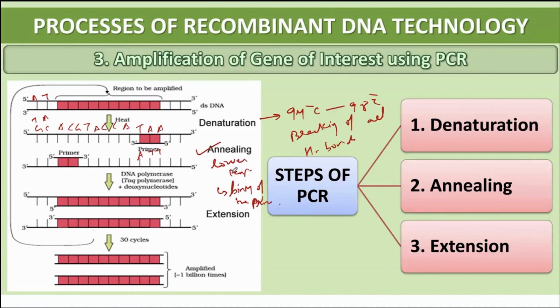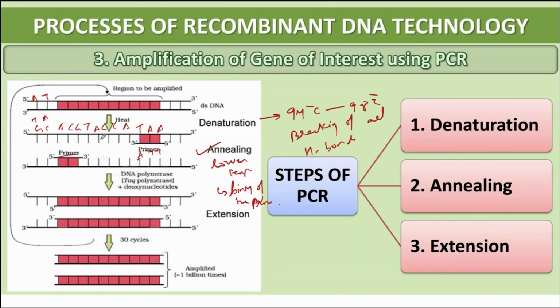The first step is denaturation, wherein you break all the hydrogen bonds, and that leads to the separation of the DNA strands. Once the DNA separates, we lower the temperature, leading to the binding of the primer to the specific region of the DNA. Next, the DNA polymerase and the dNTPs are used so that there is an extension.